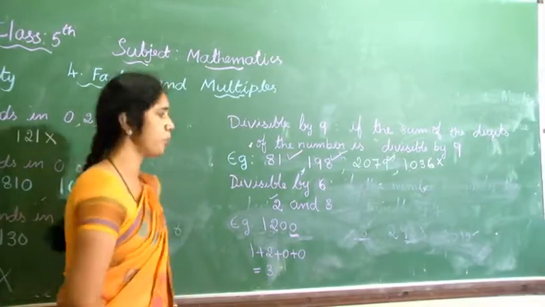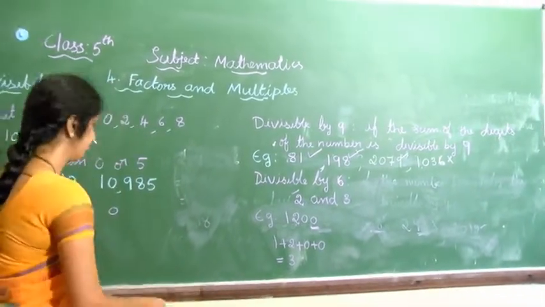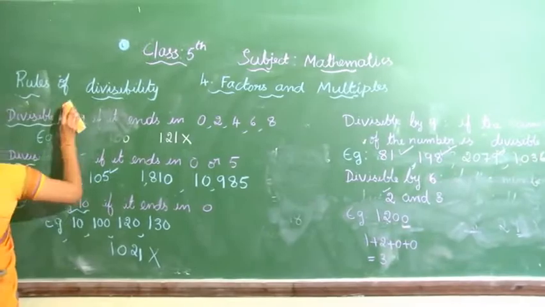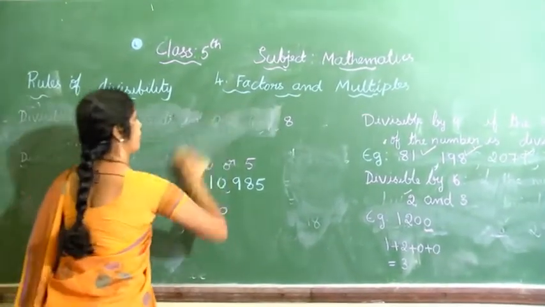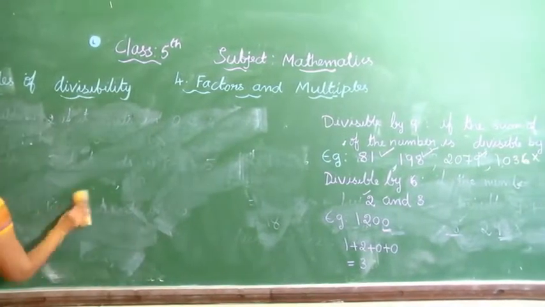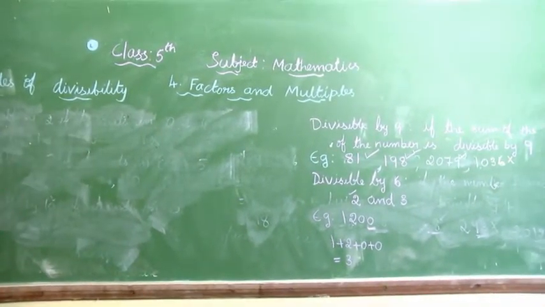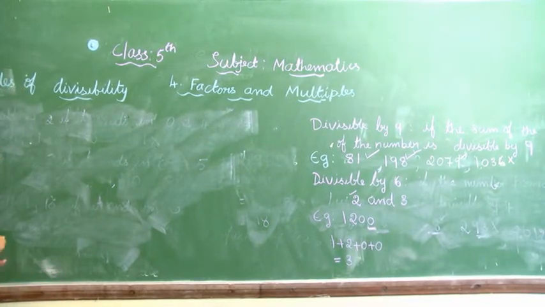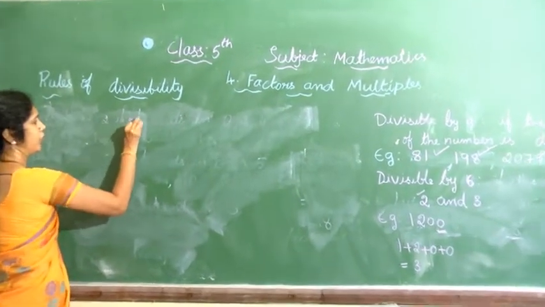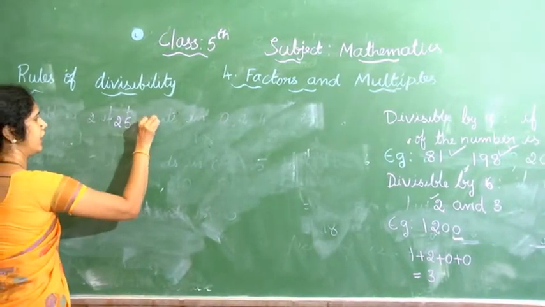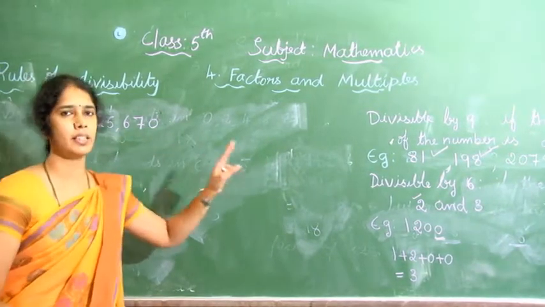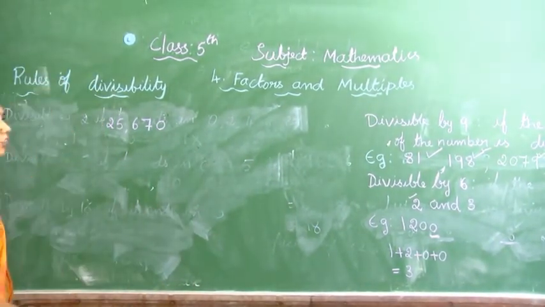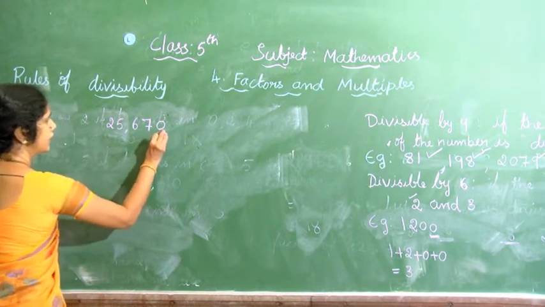Now, one more example, 25,670. We check whether this number is divisible by 6 or not. For that, first I will check the last digit. It is 0.